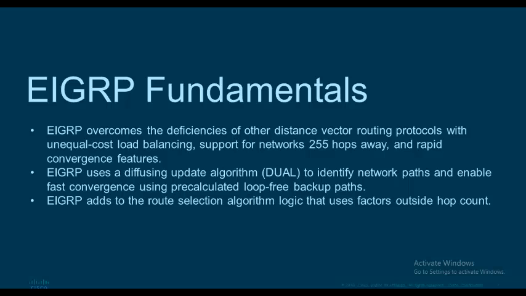This algorithm is to pick the best path and give it to the routing table, and also the second best path, which is a feasible successor route, to be kept as a backup path in the topology table.